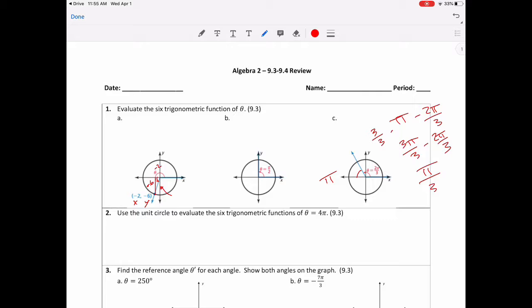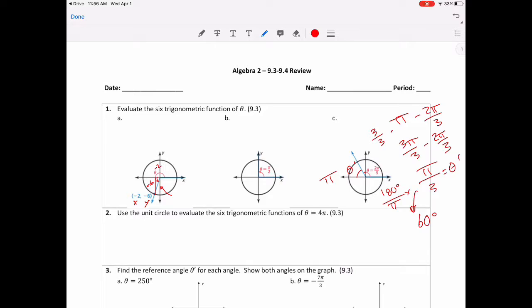And I know a pi thirds is a 60 degree, and I can always convert it again by multiplying, say, by 180 over pi if I needed to. Okay, so anyway, that's our theta prime. That's our reference angle.